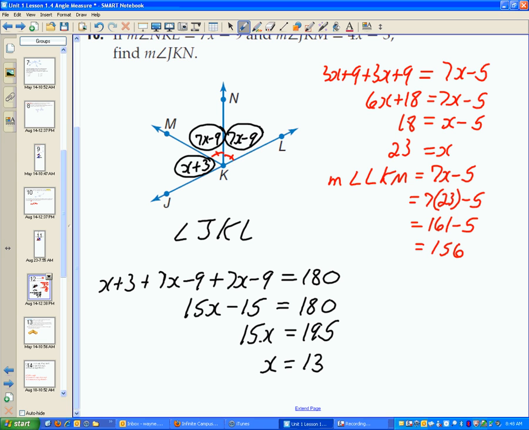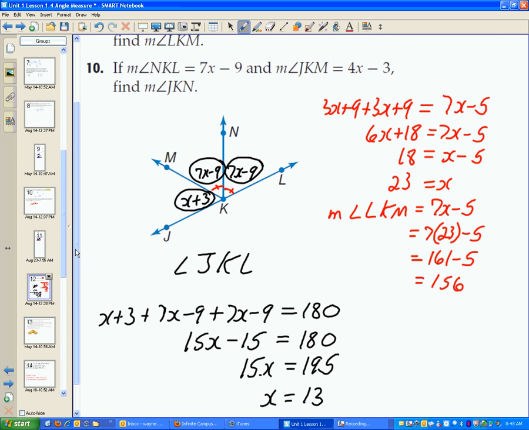All right, now, what was the question? Because I've kind of forgotten it. It was to find the measure of angle JKN. Ooh, didn't really see that coming. JKN is this one. So I've got to find the measure of that one.